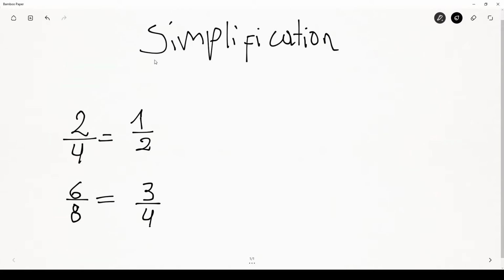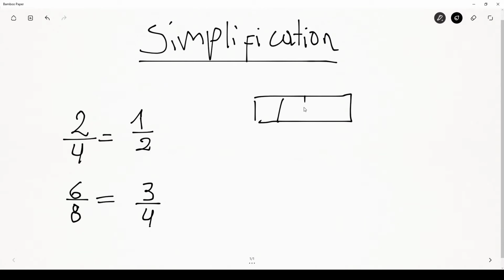Now the concept of simplification is very useful for these kind of things, because it's much easier to understand if you have a fraction simplified. For example, here you have 2/4. That's what we have, a piece divided in 4 pieces. We have 2 little pieces out of the whole.